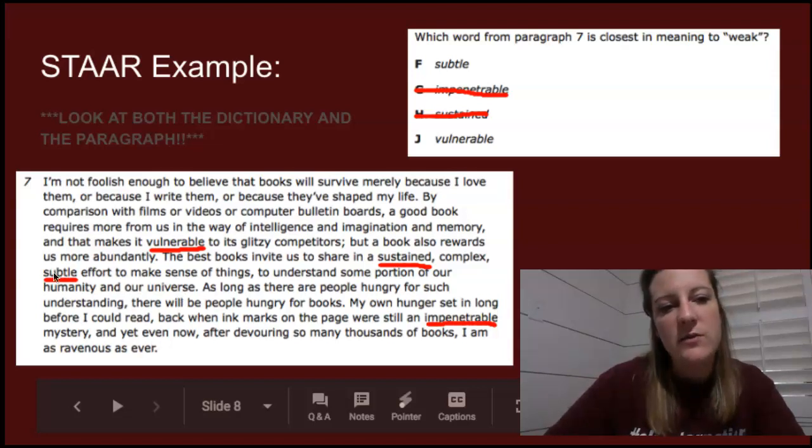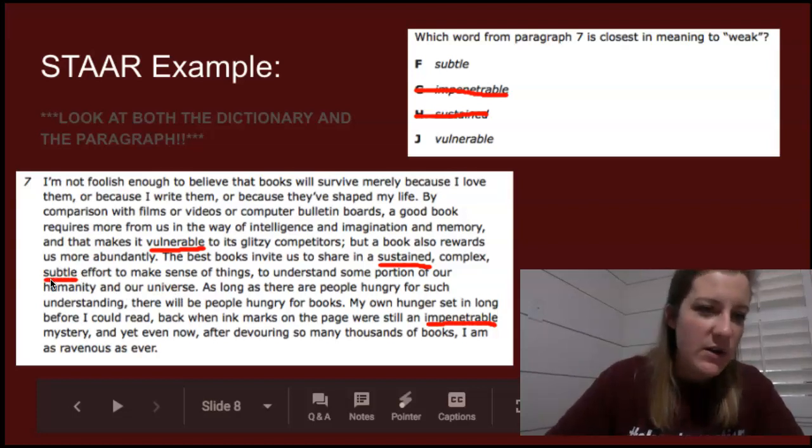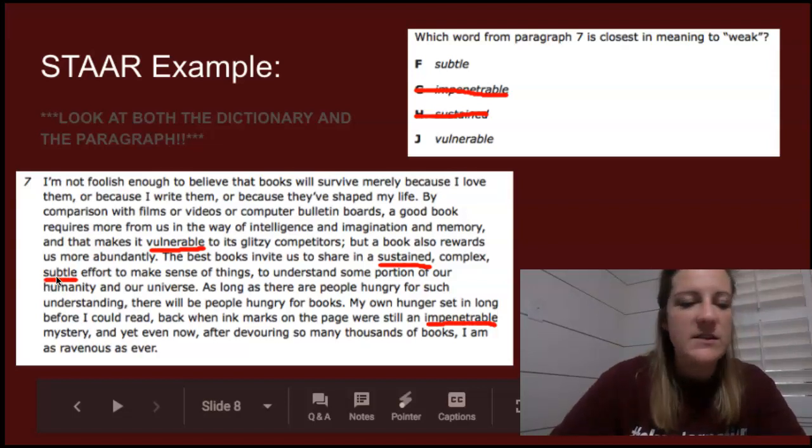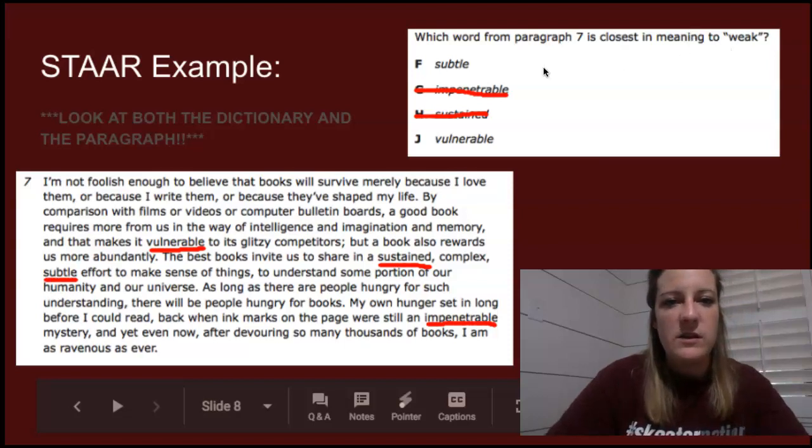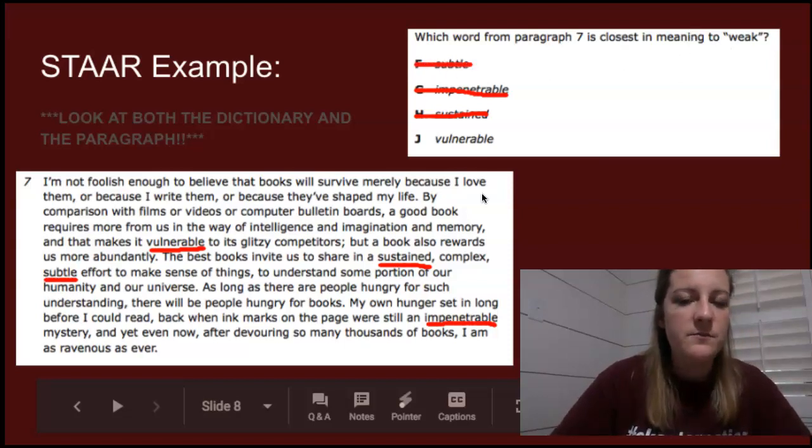So if we're looking at the word subtle and thinking about the connotation, the feeling behind this word in the context in this paragraph, that does not have anything to do with the word weak. So I'm going to go ahead and cross out that answer choice. So we're only left with J, so let's just double check ourselves.